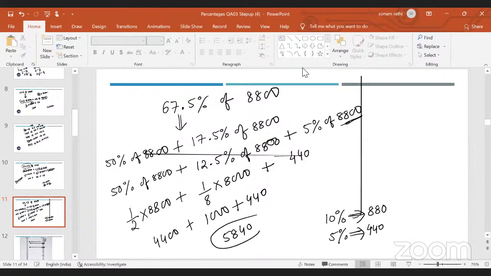Sorry, in the second one I've taken wrong. It is 88. So it is 8950. 8940. Now is it correct? Yes, ma'am.